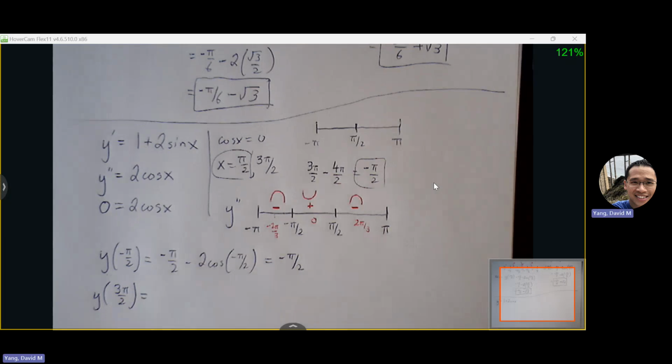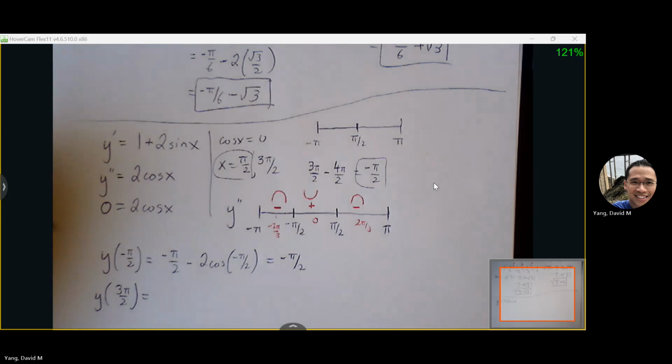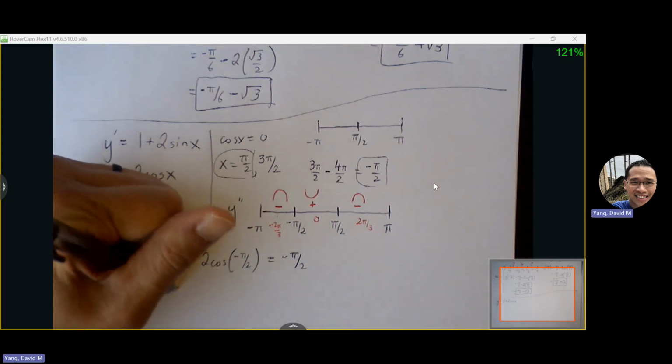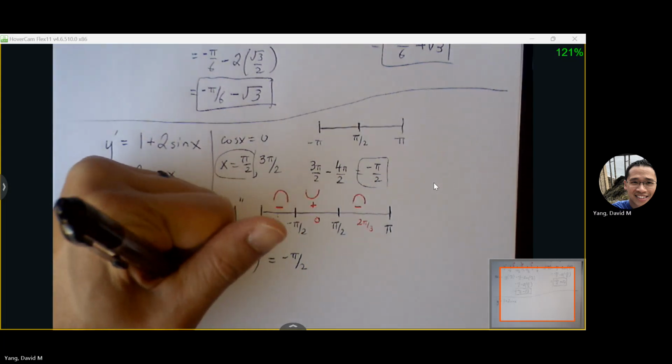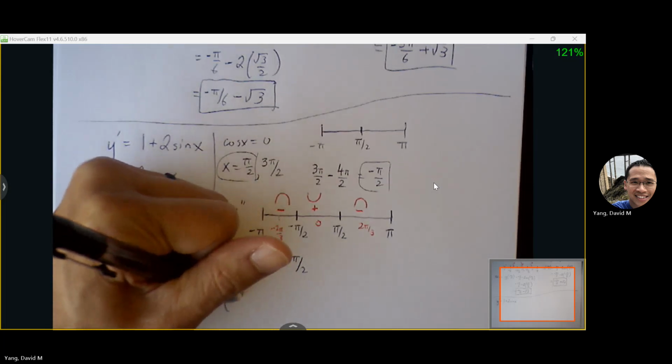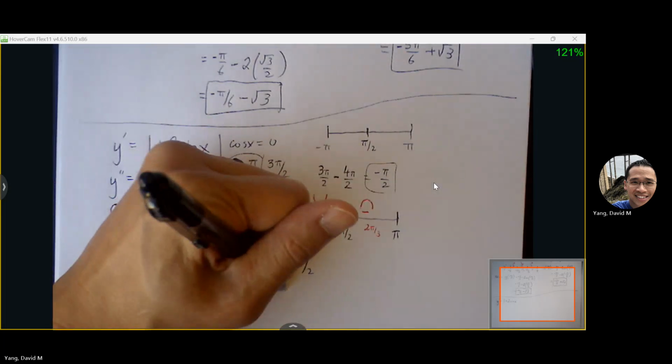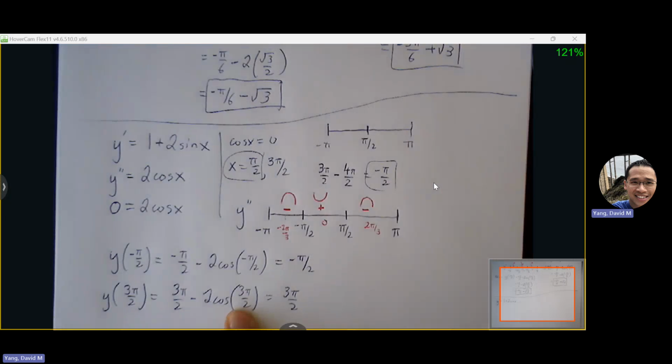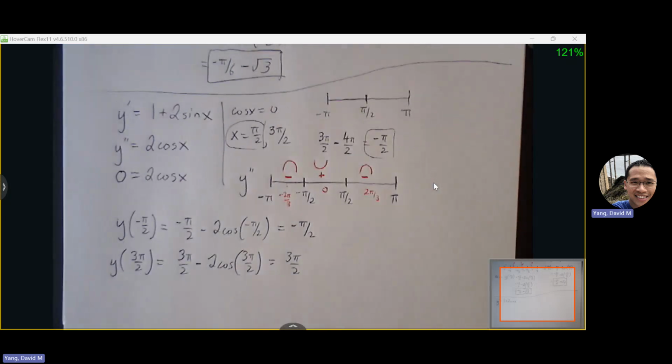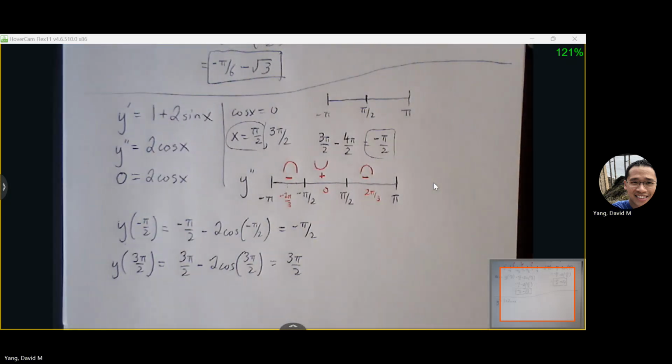Y of 3 pi over 2, back into the original function. Cosine of 3 pi over 2 is also going to be 0. So it just leaves me with 3 pi over 2.